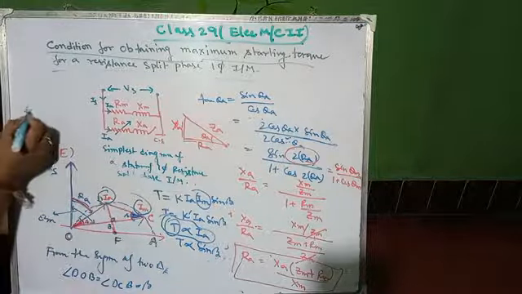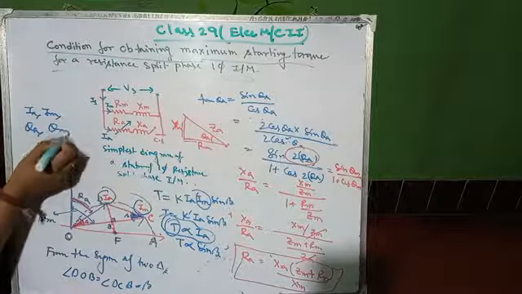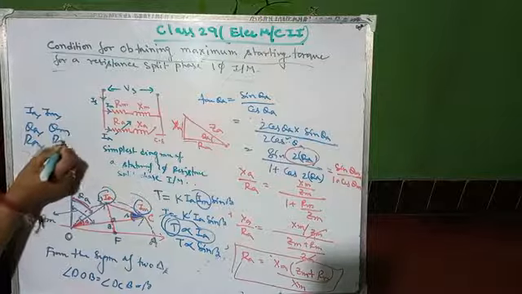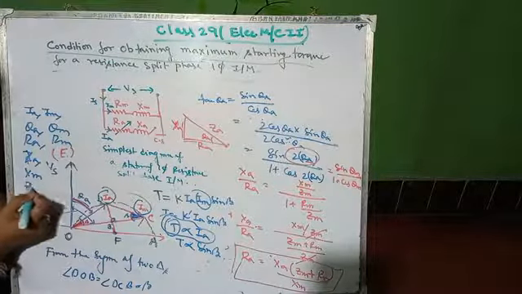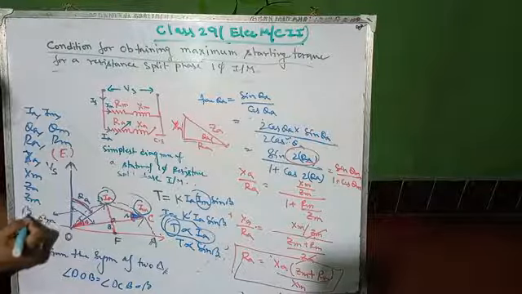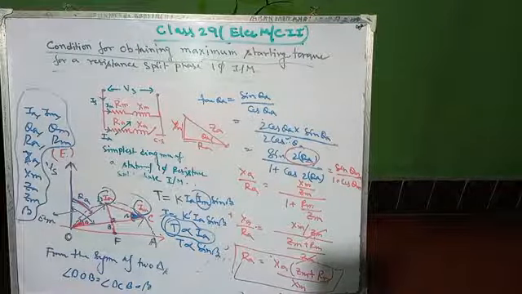So there are IA, IM, theta A, theta M, RA, RM, XA, XM, ZA, ZM and beta. These are the parameters you have to apply, okay?